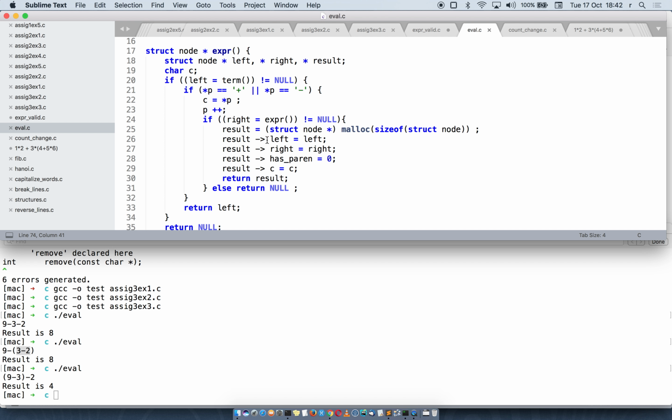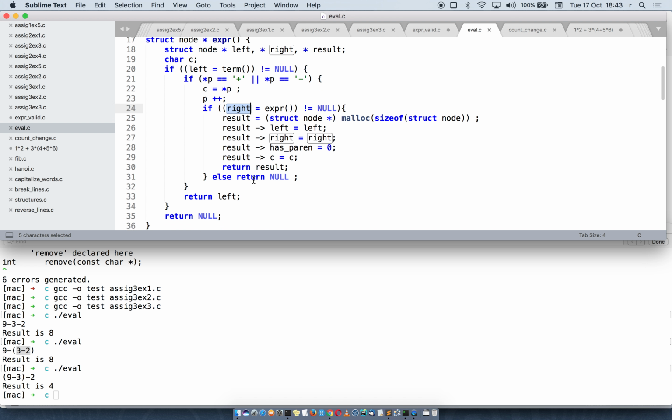So we get a left, and then we get a right. Okay? And then actually, sorry.